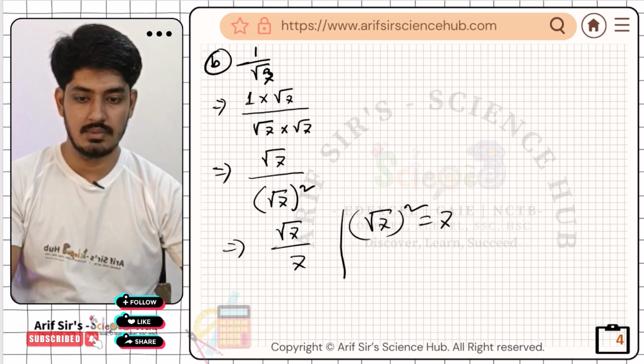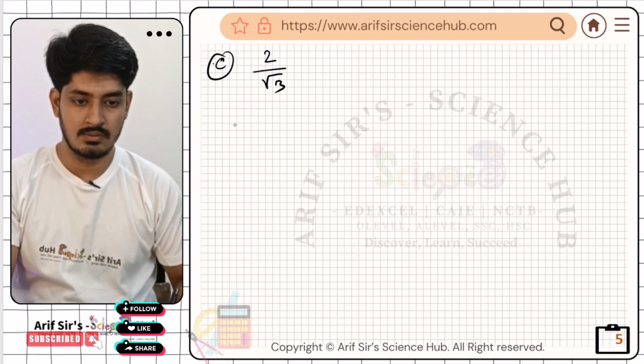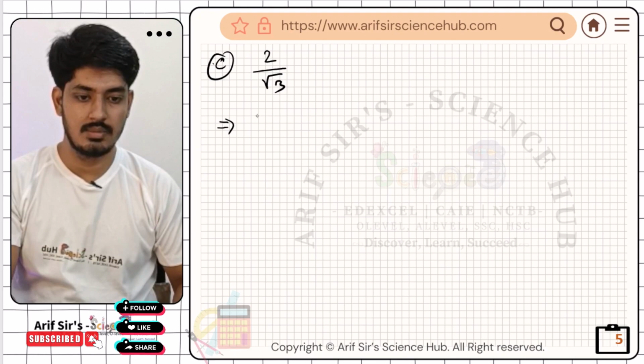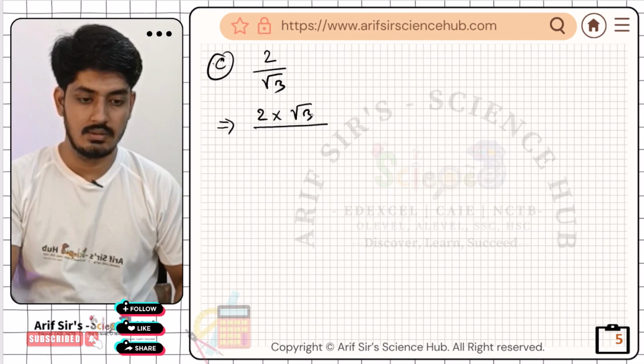So let's do another exercise. 2 divided by root 3. Similarly, we have to multiply root 3 in the top and bottom.